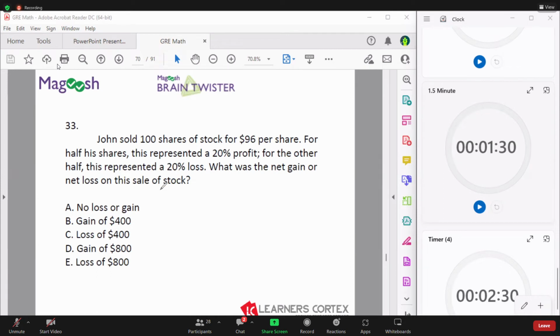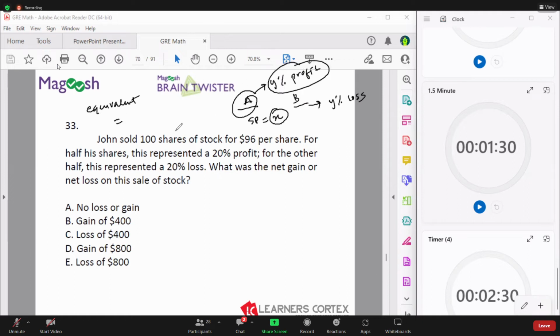Before solving this, just remember that when there are two items, item A and B, and both of them have the same selling price X, and on one item it is, let's say, Y% profit, and on the other item it is Y% loss, the equivalent profit or loss can be taken out by the successive percentage formula.